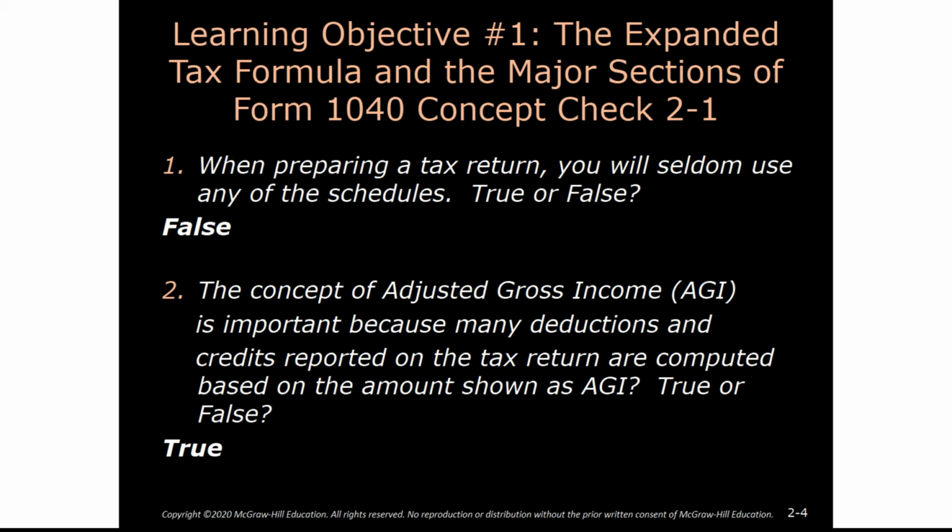We want to try to get our AGI number for purposes of credits and deductions as low as possible. So if there are any deductions for AGI, which we'll talk about later, for example, making a contribution to a qualified traditional IRA, that would reduce your AGI and may qualify the taxpayer to take more deductions and credits.